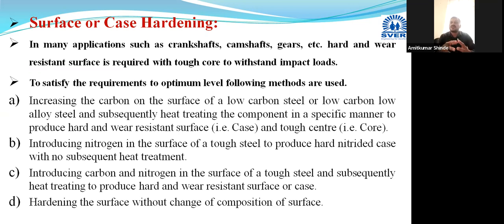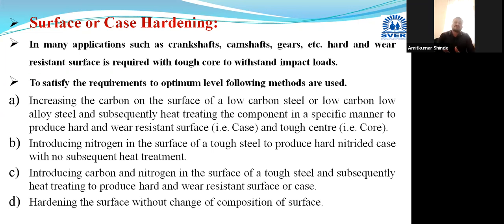It is not possible to obtain all these properties with the same material. We can go for low carbon steel, medium carbon steel, or high carbon steel. If we use low carbon steels, we will get the tough core, but getting a hard and wear resistant surface is very difficult.